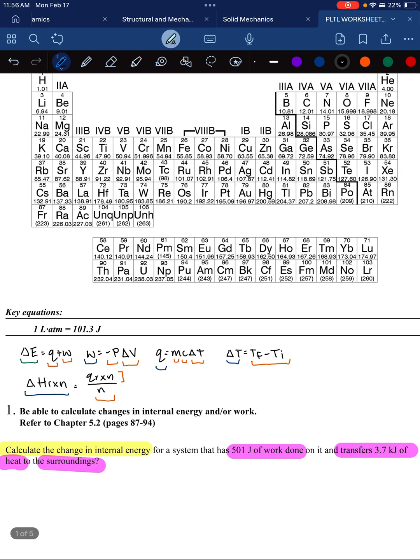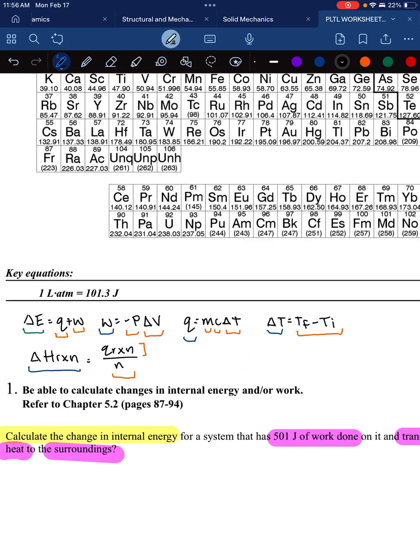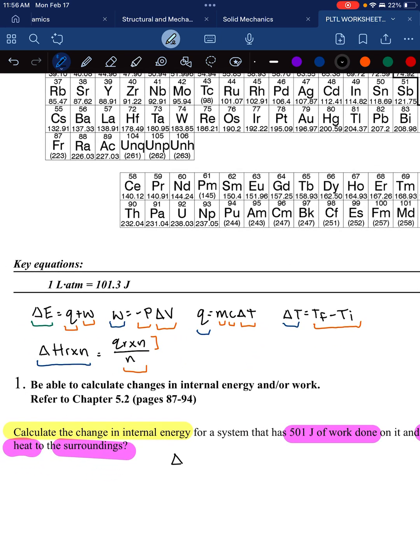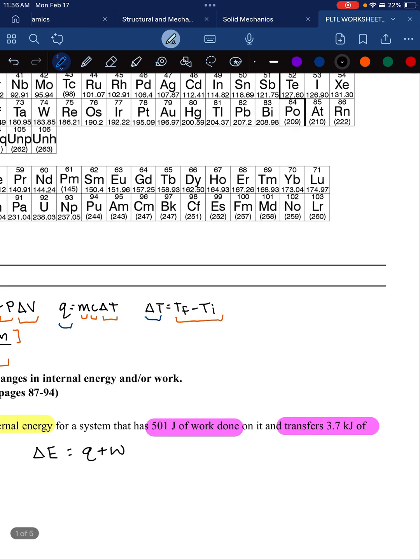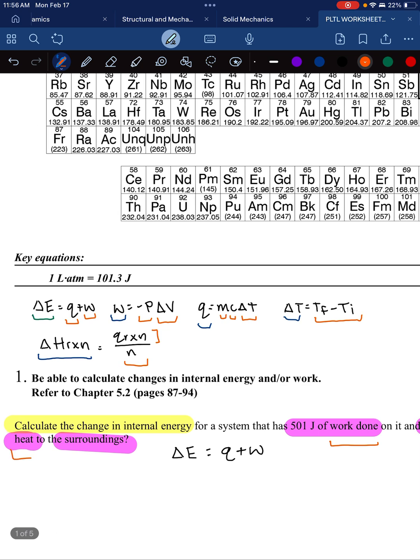A big thing when doing these type of problems, well, firstly, as you can see, we're trying to find the change in internal energy, which we know is Q plus W. And this isn't a very difficult equation, but the big problem is knowing your sign. It says work done and transfers heat to the surroundings.